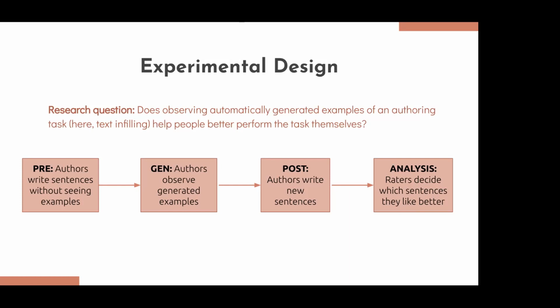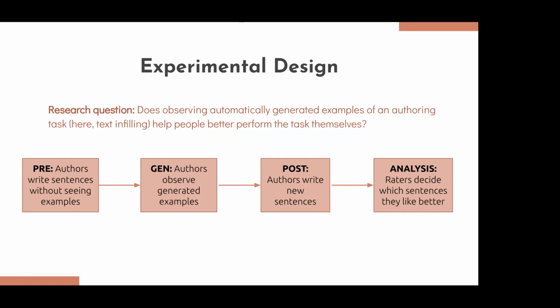So the design here, or the sequence of steps that we did to investigate this, was we first had authors write infilled sentences. So we showed them prompts and had them write unique sentences that contain those words in the prompts. So they do the infilling tasks themselves without seeing any generated examples of the infilling task.